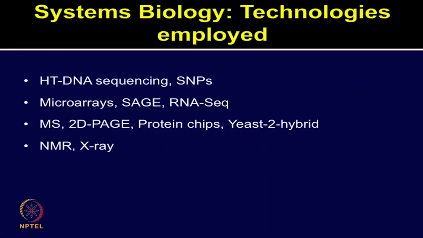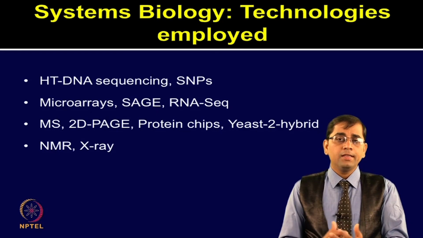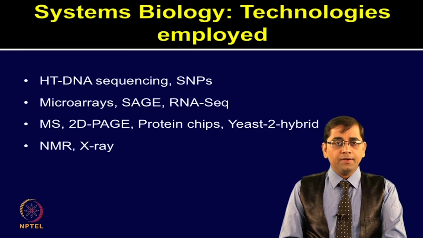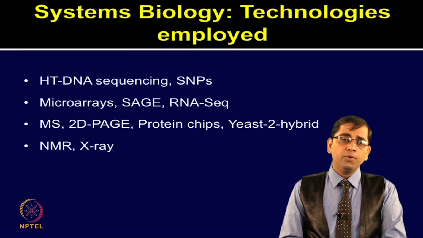Obviously, you need high throughput data sets which could be derived from microarray platforms or RNA deep sequencing, different configurations of mass spectrometry, different types of proteomic tools and protein interaction data sets. Some of the technologies which are commonly employed in systems biology could be classified broadly under the following techniques.